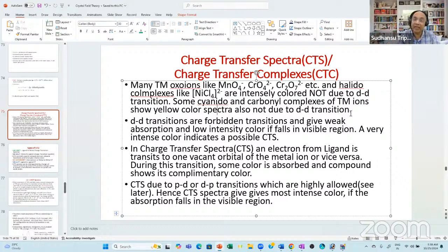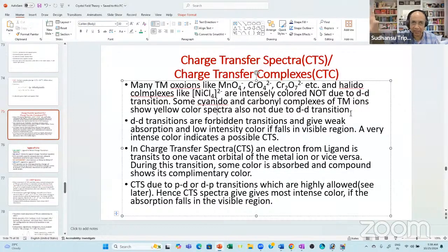And the other one, the previous one, is called LMCT, ligand to metal charge transfer. Charge means electron. The other way is also possible. One electron from the metal, either eg or t2g, whichever is available, is transited to one of the vacant, usually antibonding, orbitals of the ligand. That happens only when there is a pi bond.